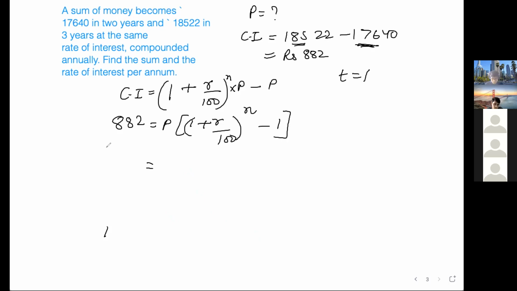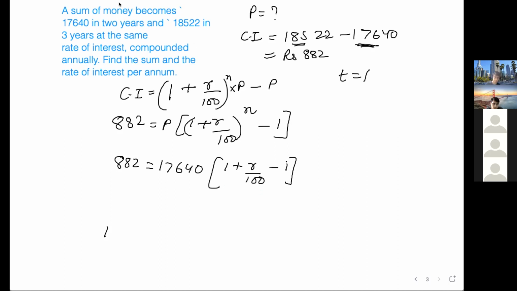It is equal to 882, 17640 bracket में 1 plus R की value we have to calculate और minus raised to 1 only है और -1, ठीक है. तो you can see power 1 है तो ये +1 और ये -1 cancel हो जाएगा, no need of bracket because power is 1, तो अभी कुछ calculate करना ही नहीं है.